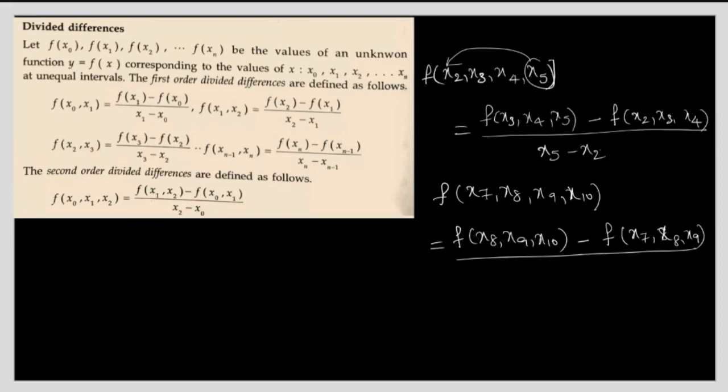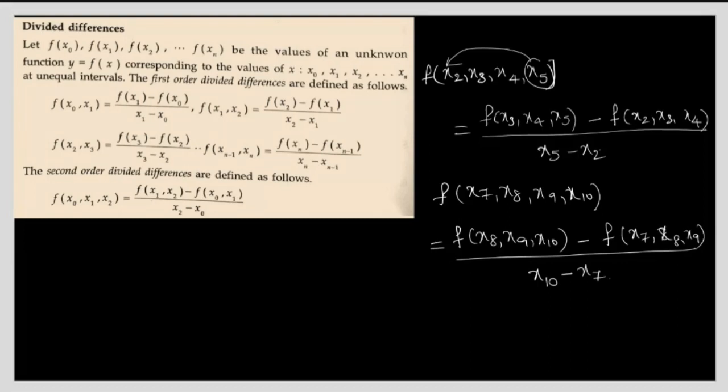It is f of x8, x9, x10 minus f of x7, x8, x9, divided by x10 minus x7. That's it. Are you getting how to write divided differences?